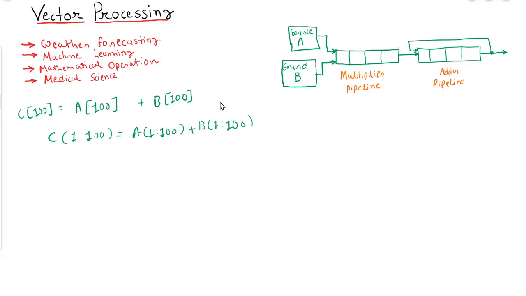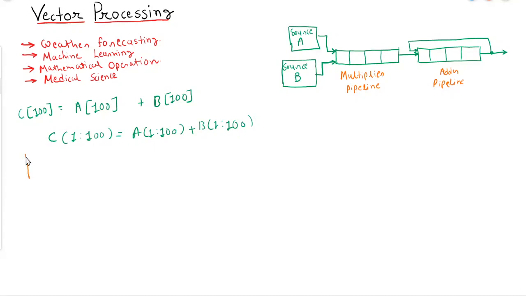Here the vector instruction includes the starting address of the operand, or the first address of an array, and then the size of the array. So the computer will know up to which range it has to perform the computation.